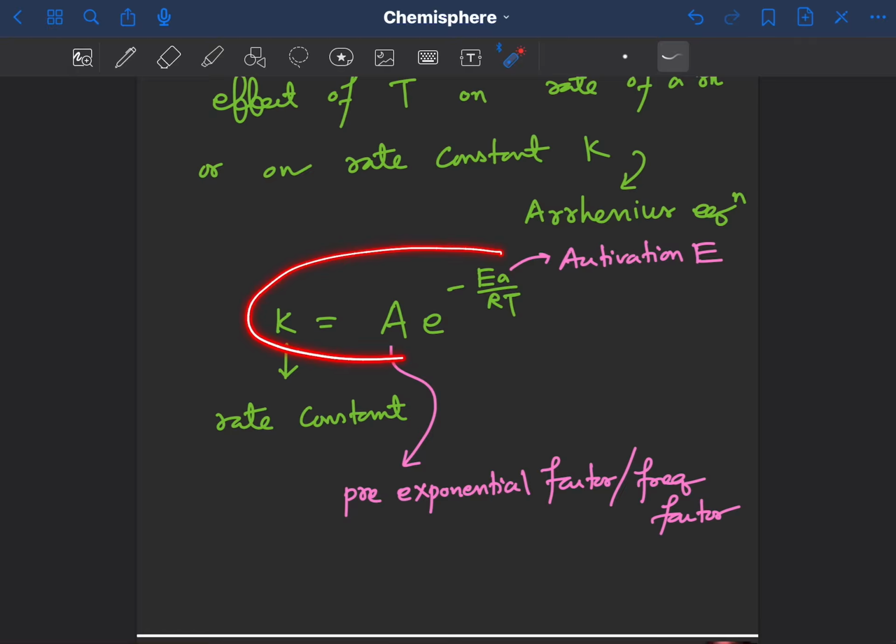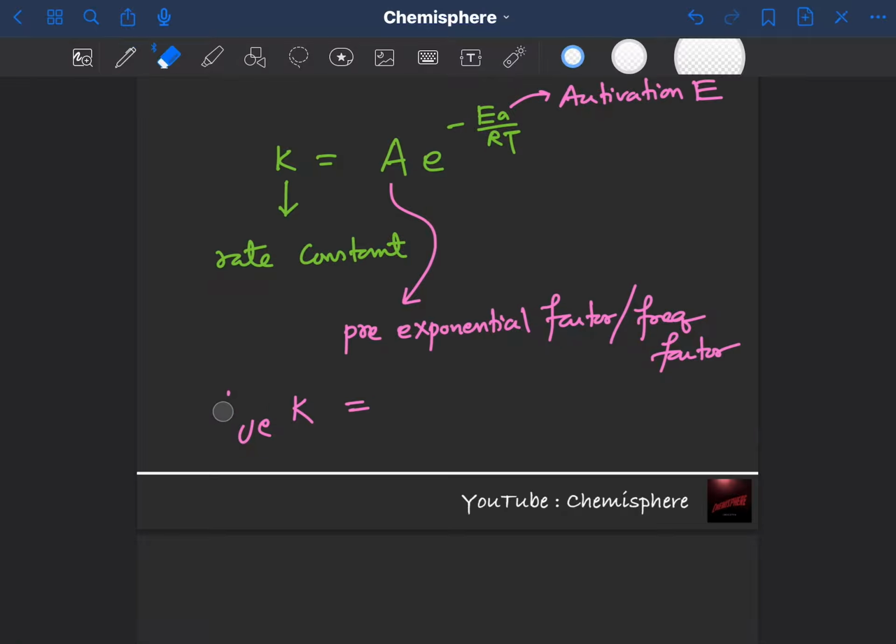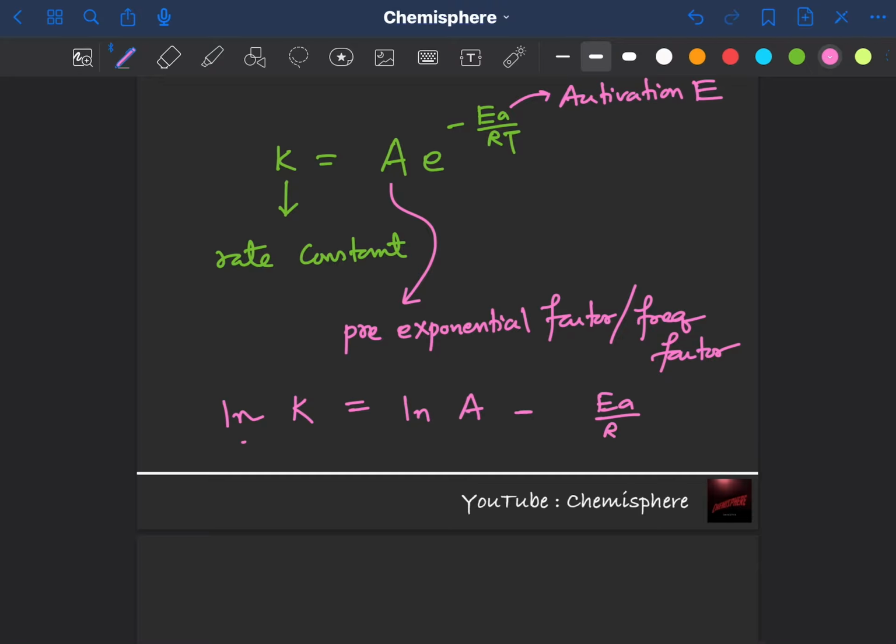Now since we have the Arrhenius equation, we take log of both sides. So it becomes ln K, log base e, which can also be written as ln. So ln K is equal to ln A minus EA by RT, because ln e is 1, so the power is left.